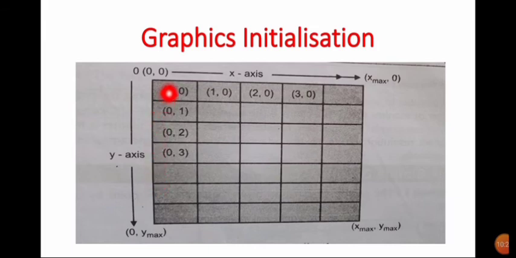Hence in the vertical way, the x coordinate remains 0 throughout. Only the y coordinate increases: 0, 1, 2, 3, that represents the y coordinate. And here you have xmax and ymax. So in this way, graphics can be initialized by using x and y coordinates.